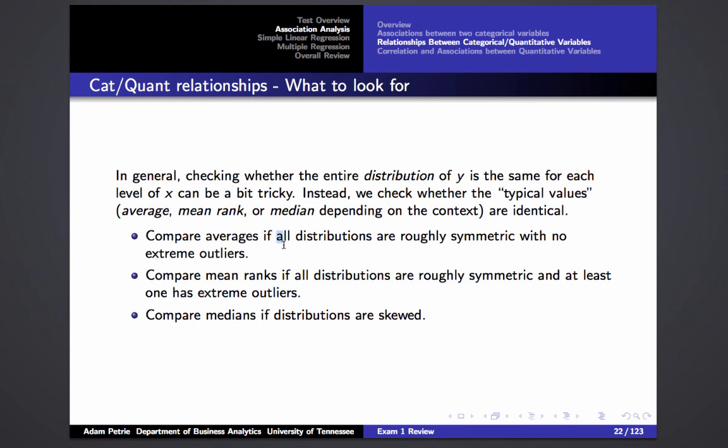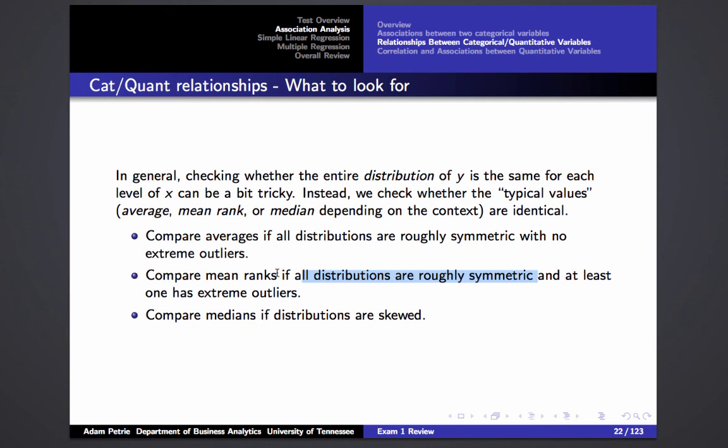Well, if all the distributions are roughly symmetric and don't have any extreme outliers, the best way to get the typical value is looking at the average. So we'll compare averages. If the distributions are roughly symmetric and at least one of them has extreme outliers, the best way to get the typical value is to look at the average rank of the values.